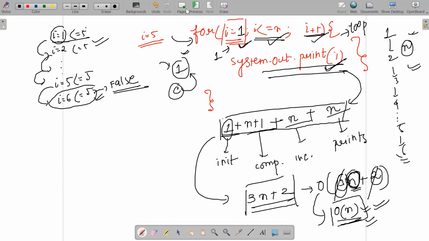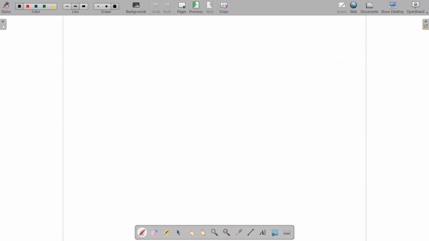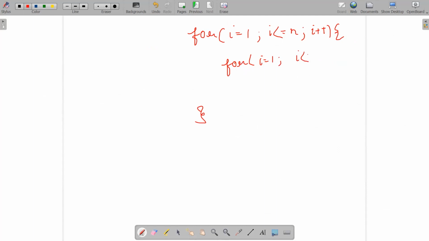Okay. So yeah, let's take another example. Here what we can do is take an example like this. My i starts from 1, i less than or equal to n, i plus plus. And inside that, let there be another loop. For i that again starts from 1, i less than or equal to n.